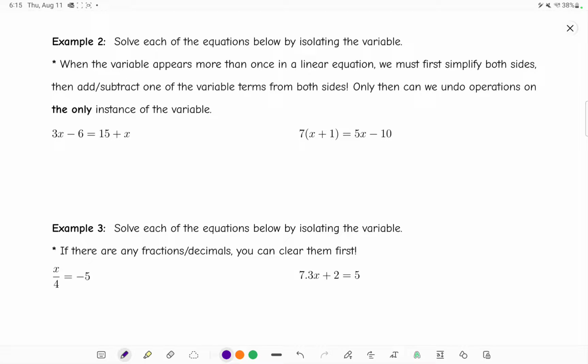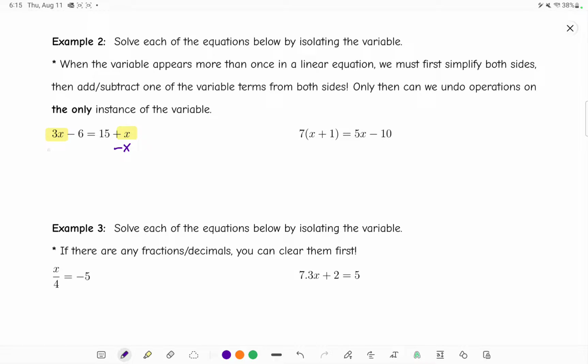So 3x minus 6 equals 15 plus x. So in order to do this, I want to get the variable on one side. I have a 3x and I have an x. My recommendation is you always try to cancel out the smaller one. So since x is smaller, to cancel out a positive x, I subtract x.